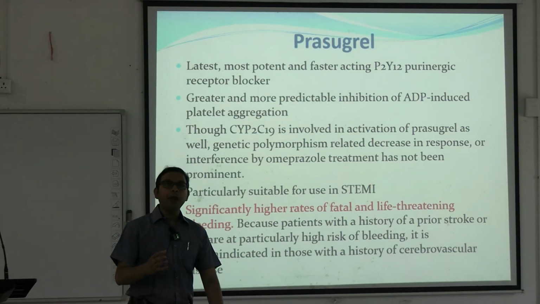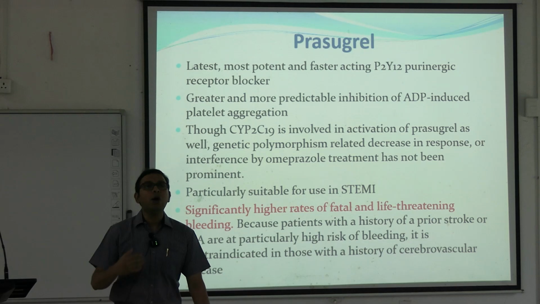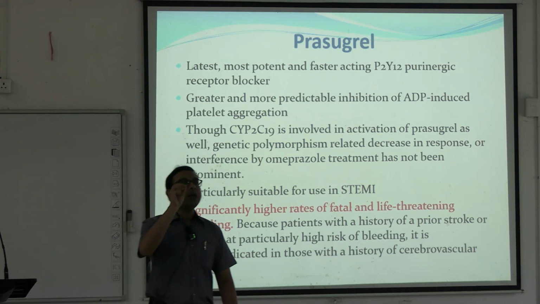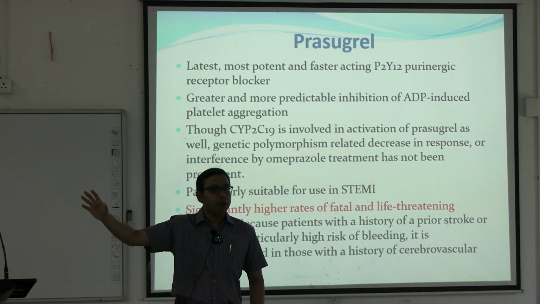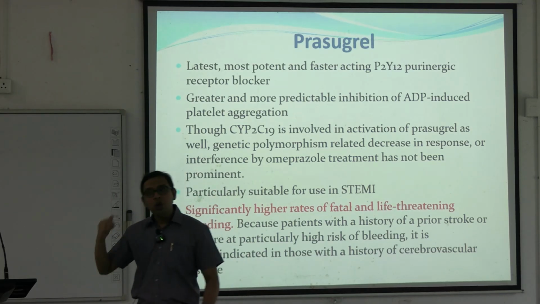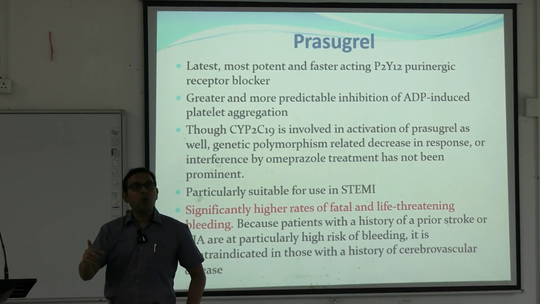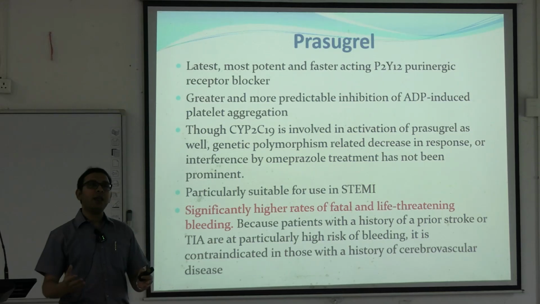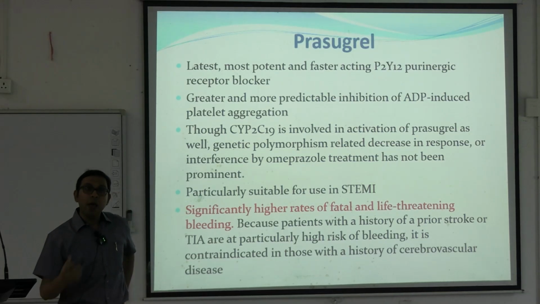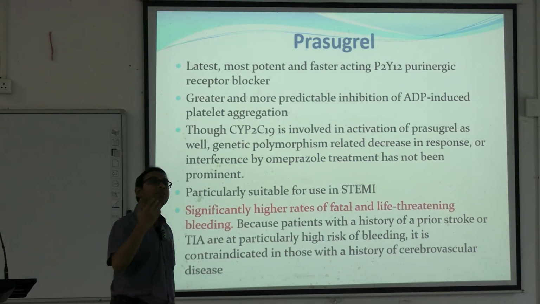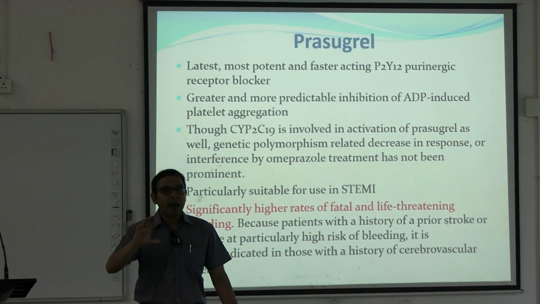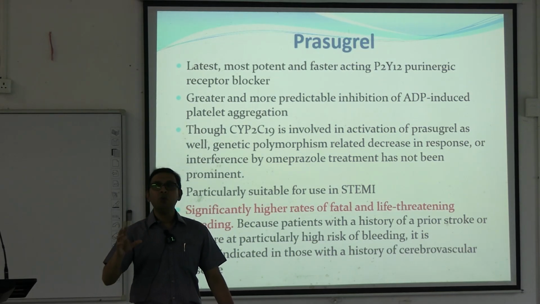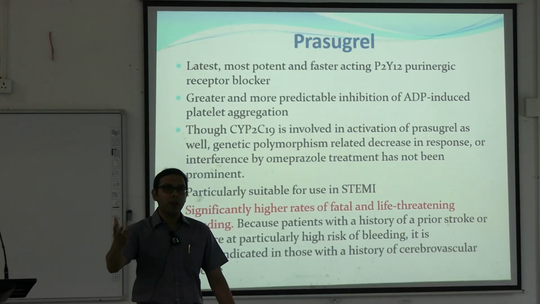Of these, ticlopidine is less used nowadays because of its adverse effects like neutropenia, thrombocytopenia and hemolysis, apart from bleeding. Prasugrel is the newest, most potent one. It is very beneficial in myocardial infarction, but again there are more chances of life-threatening bleeding.